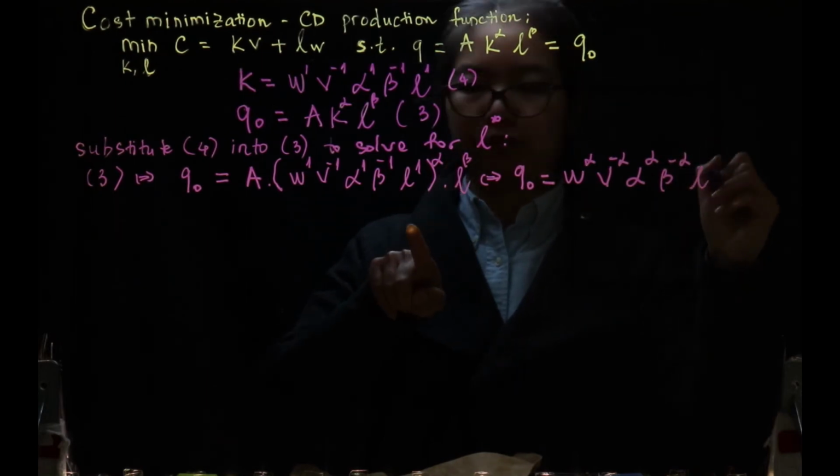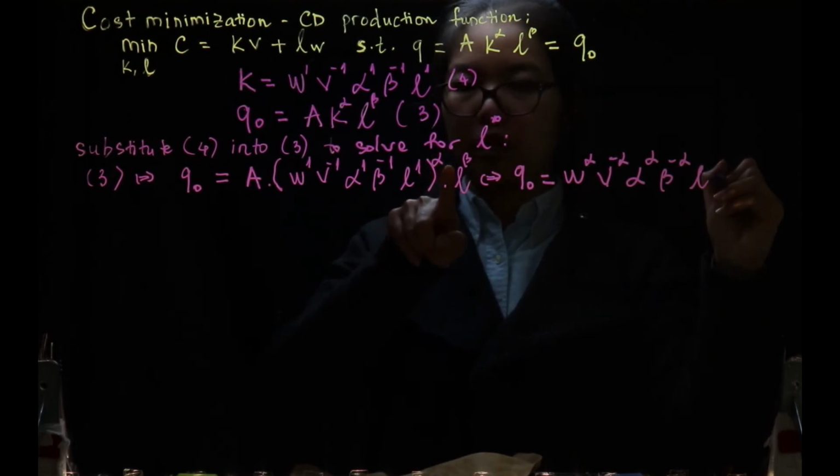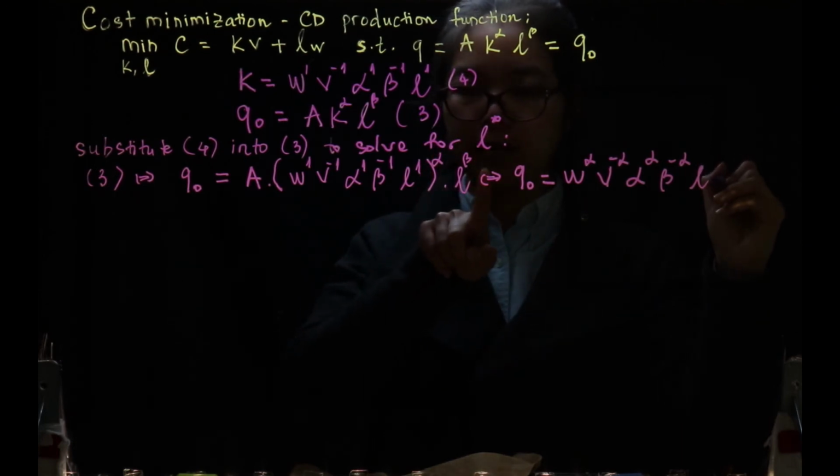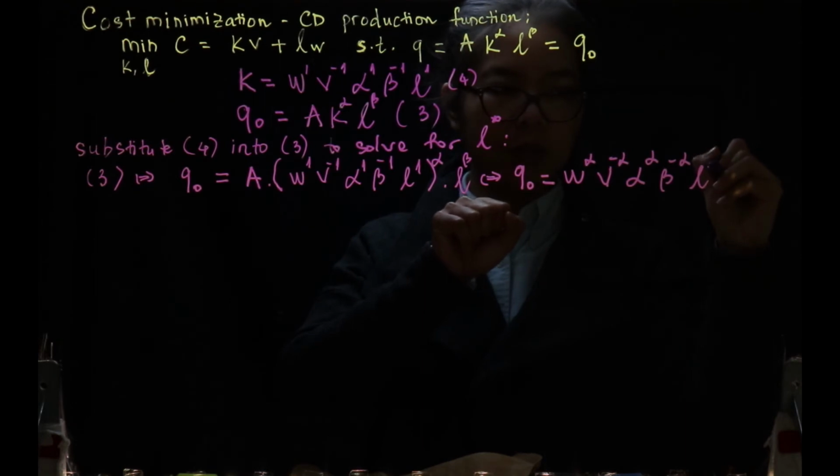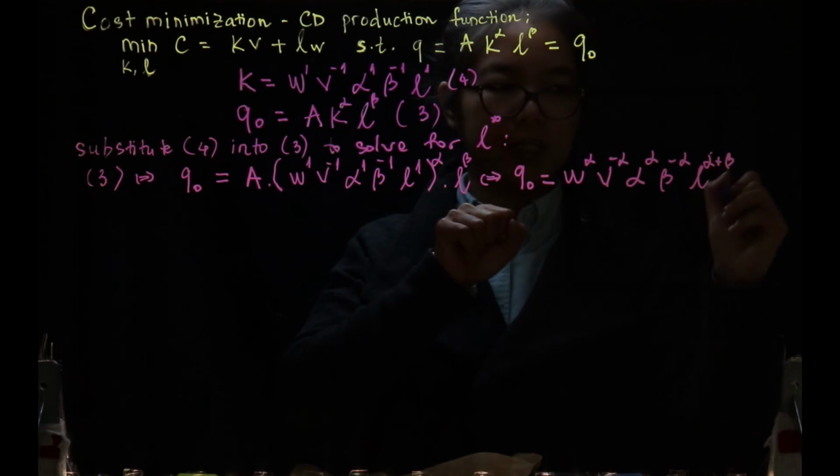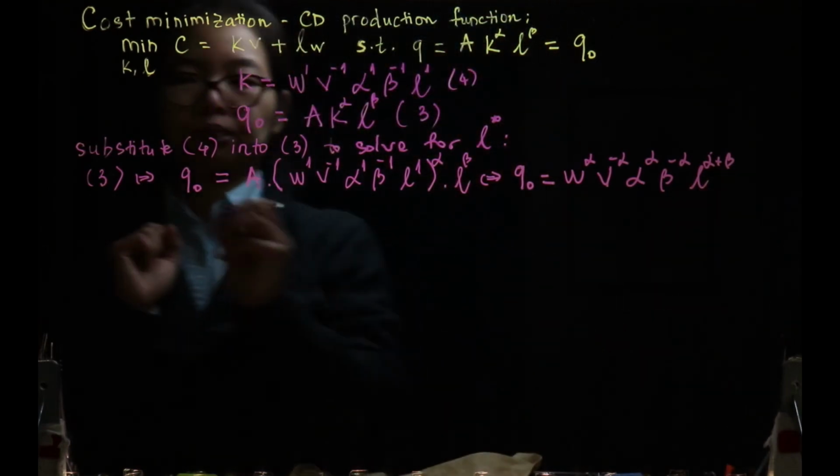And then L to the power of alpha times L to the power of beta, that means L to the power of alpha plus beta, right?